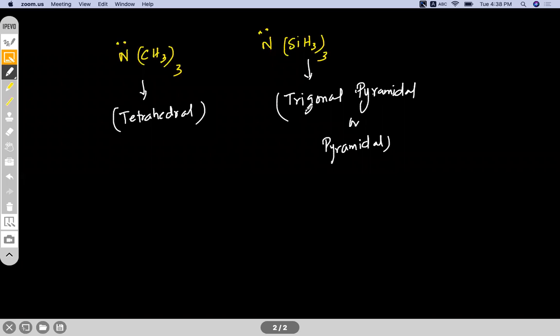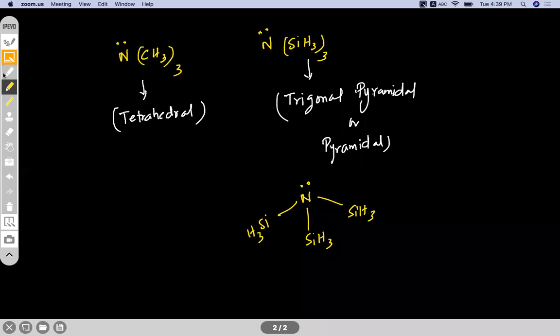Why does this happen? Because you see in N(SiH3)3, nitrogen has one lone pair on it, but it is attached to SiH3, and silicon has vacant d orbital because this also belongs to the third period.